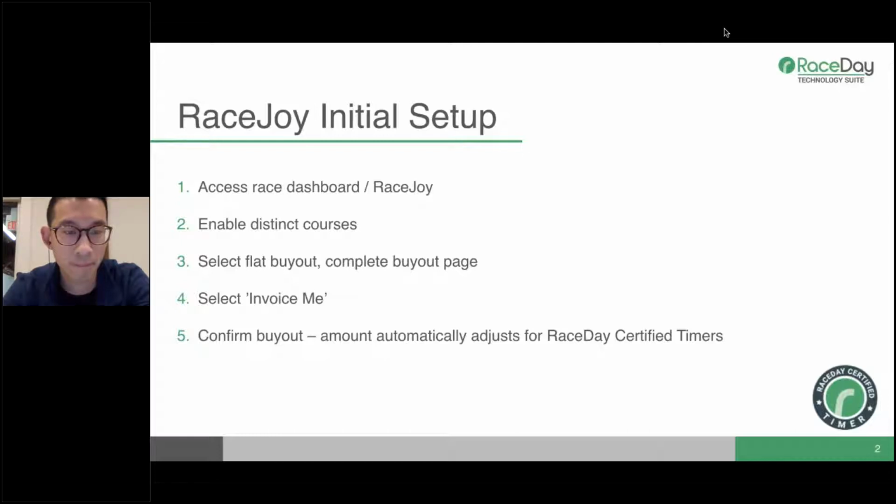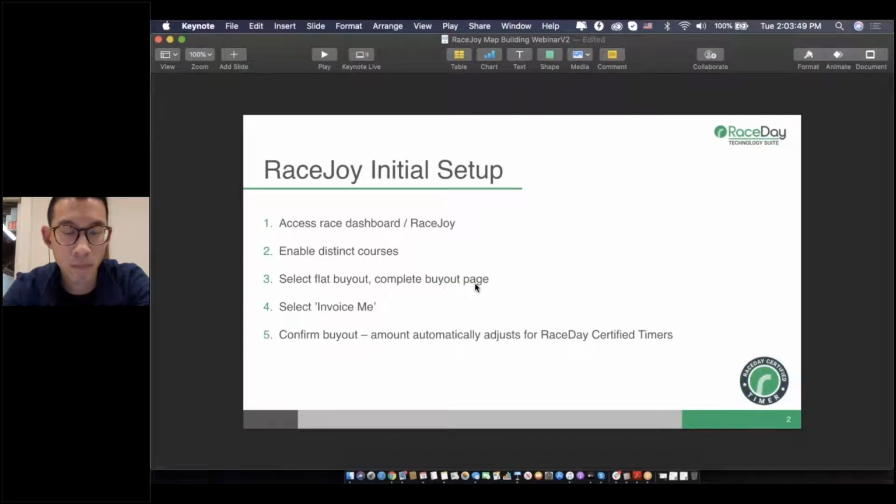The purchase buyout prompt will show the adjusted amount based upon your Race Day certified account. If you don't see an adjusted amount on the buyout prompt, then please review your timer dashboard and see if you have a valid Race Day suite license, and check your certification status on your timer dashboard. Any questions, we're always available at info@racejoy.com.